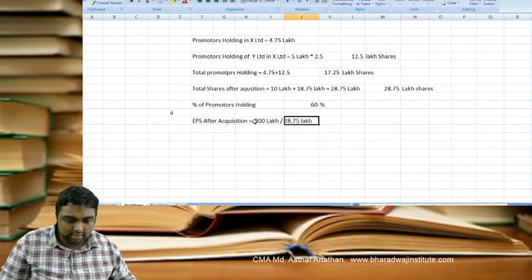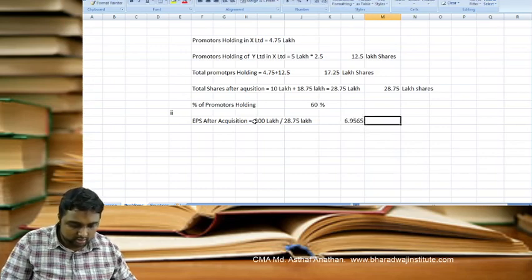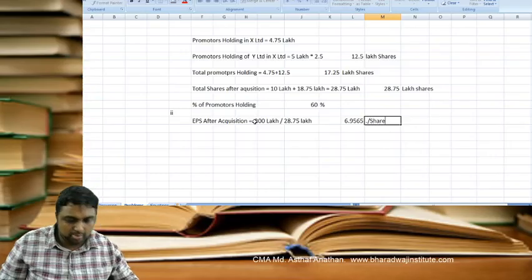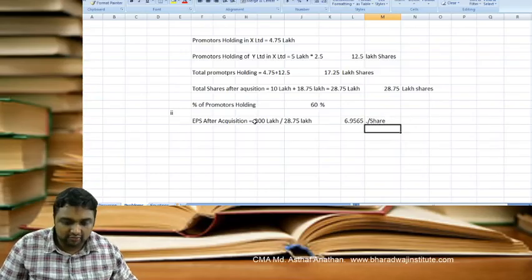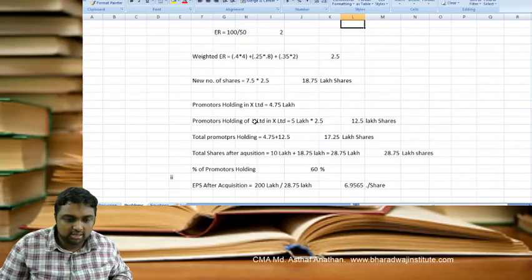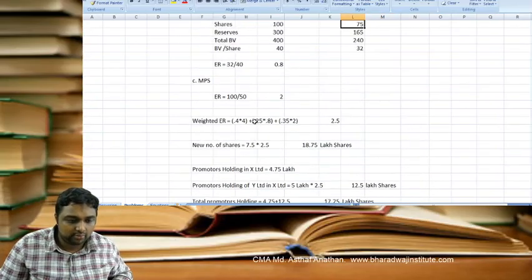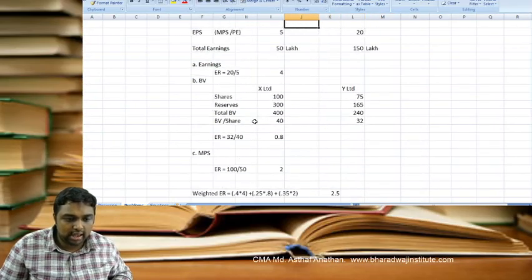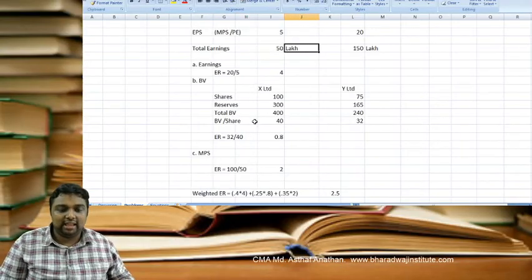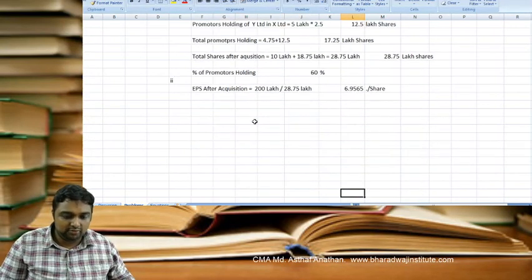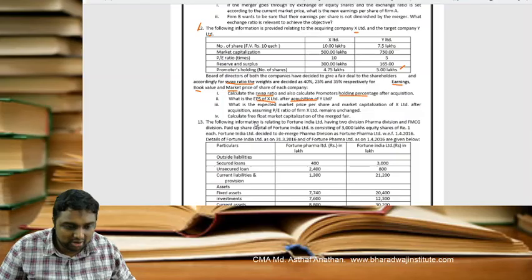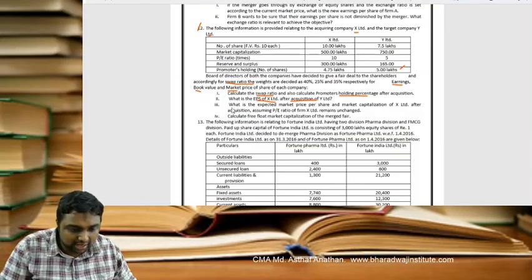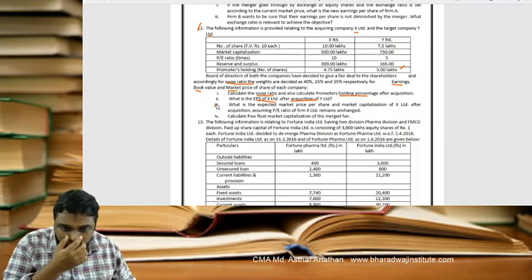So 200 lakh divided by 28.75 is 6.9565 per share. See how you got 200 lakh: 50 lakh is the first company, second company 150.